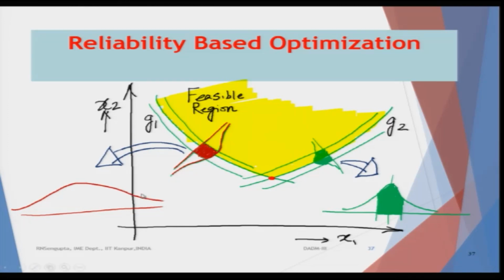This is much flatter. So, it is spread out. You have the feasible region in the case when the variances are different.